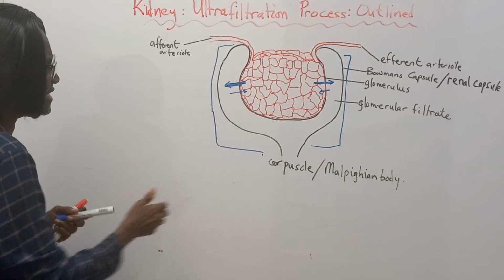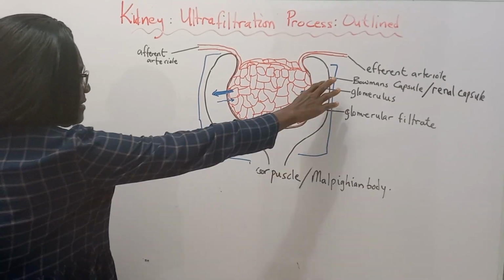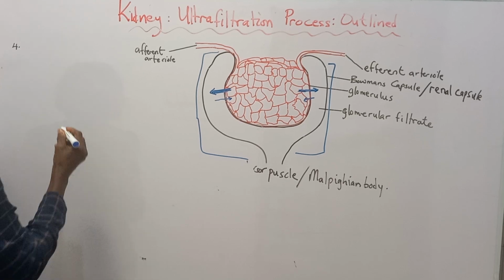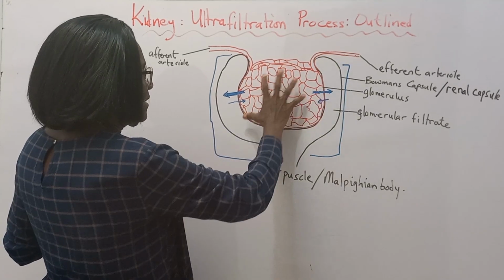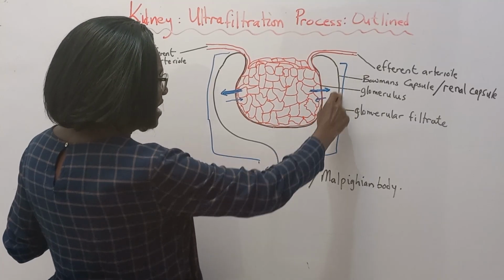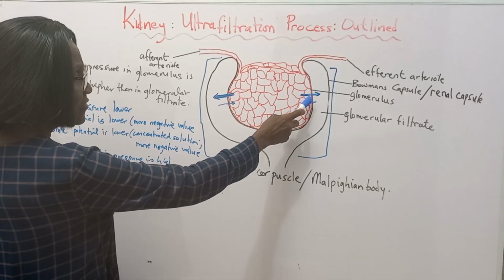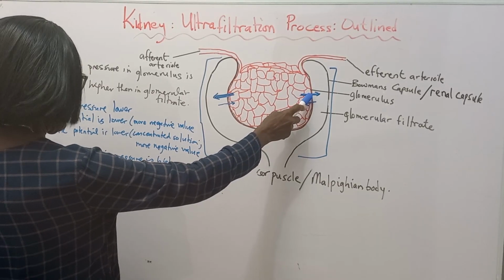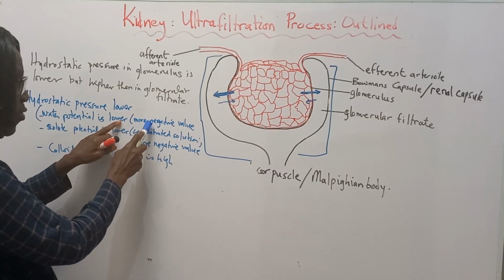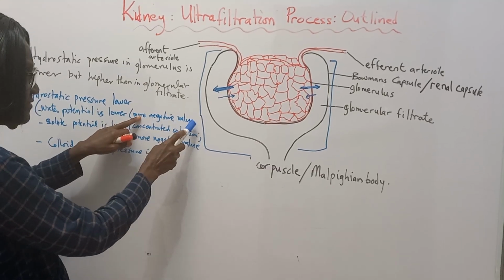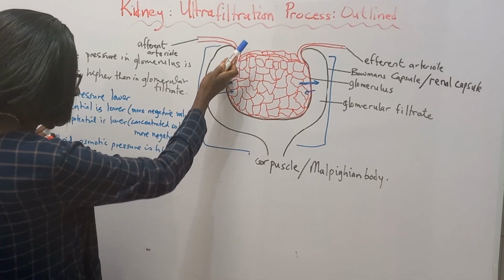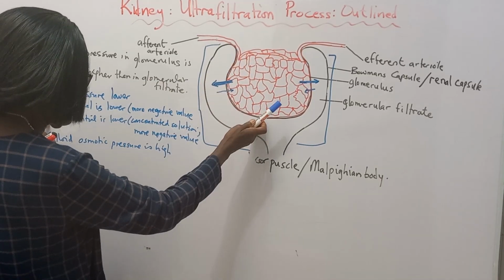But as we said, at this end, near the efferent arteriole, the hydrostatic pressure becomes smaller. So when the blood gets to the area of the glomerulus near the efferent arteriole, the hydrostatic pressure becomes lower here, and that means water potential is also lower, and so it has a more negative value, because water has been lost when it was in the arterial area here.